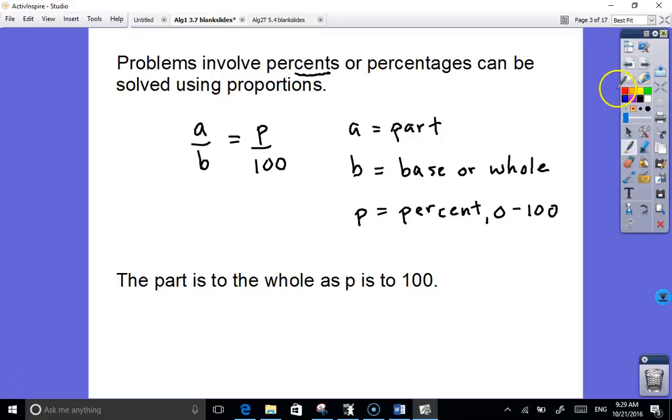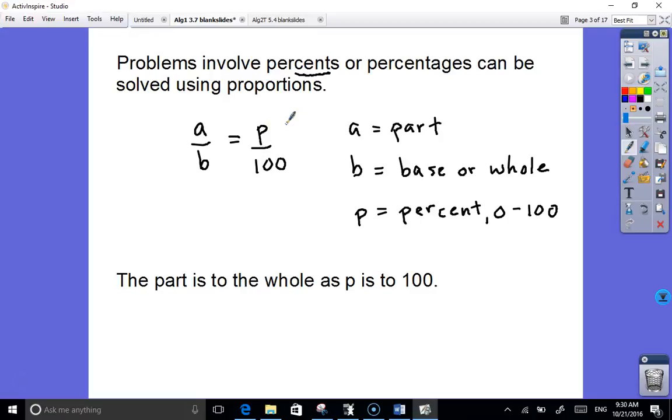In Italian, it's cento. So percent is actually like saying per 100, which is exactly what you're doing there. Whatever your ratio is on this side, we want to make it equal to a ratio that compares to 100.